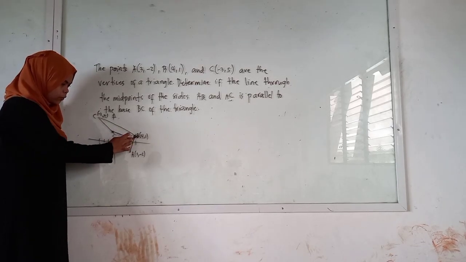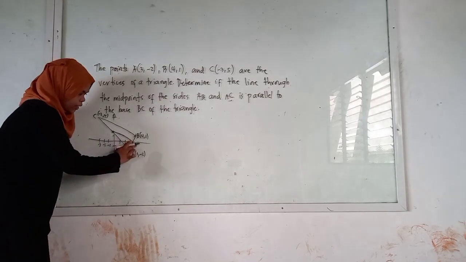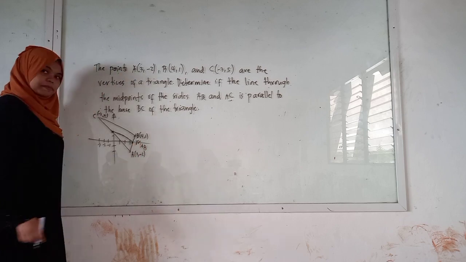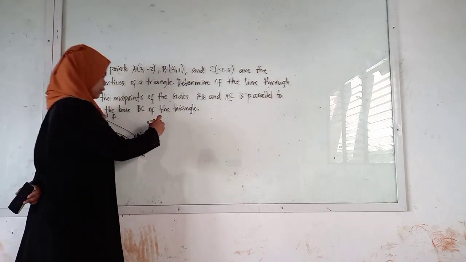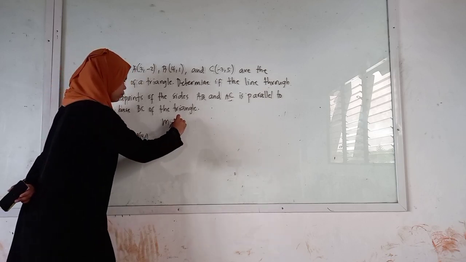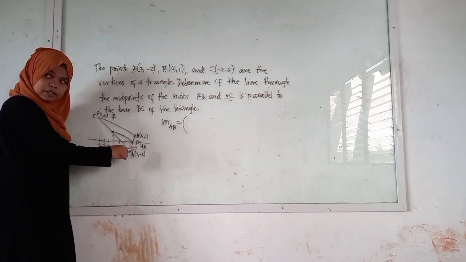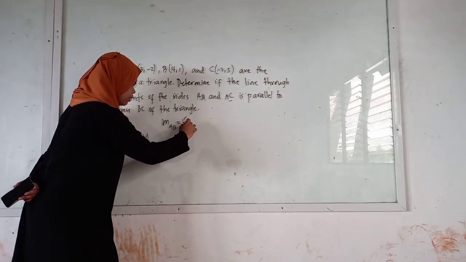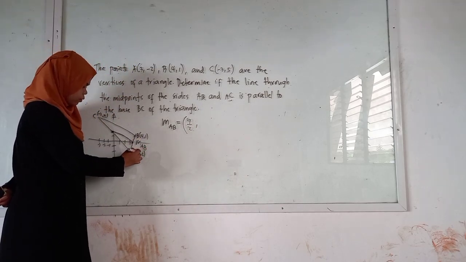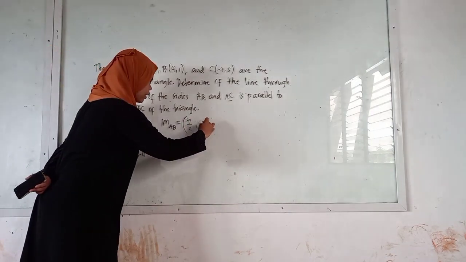Kailangan natin kunin yung midpoint nito, no? So, let us say, i-denote ko yan as M sa AB. Okay? Midpoint. Okay. So, midpoint of AB. So, by using midpoint formula, so 4 plus 8, that is 7 over 2. 1 plus negative 2, that is negative 1 half.